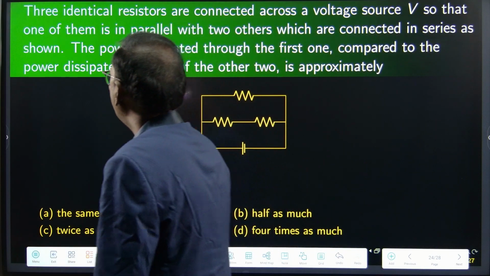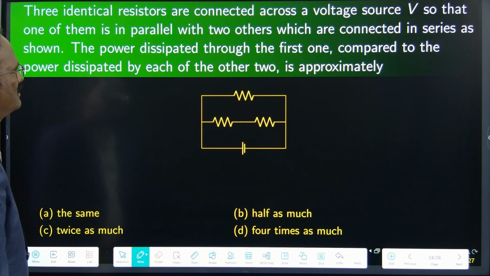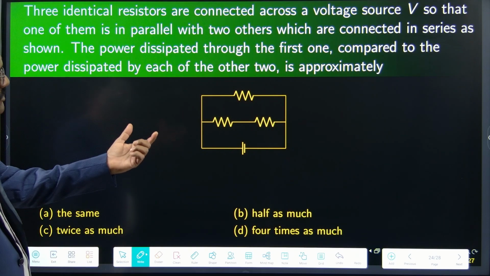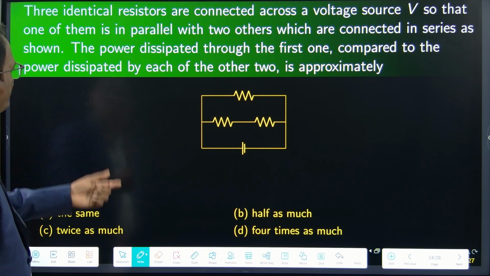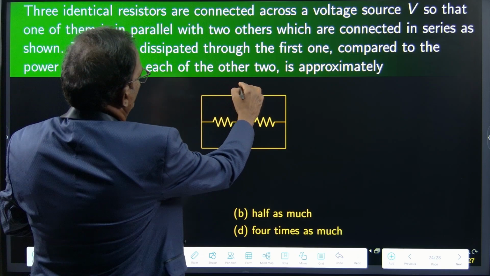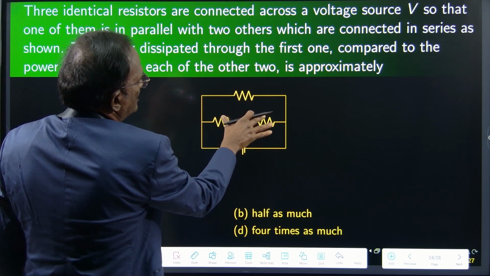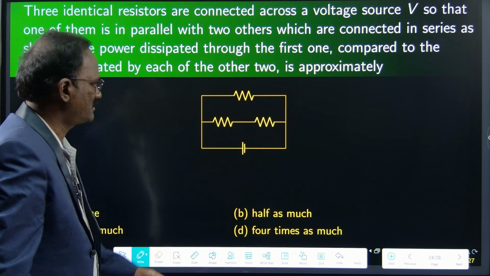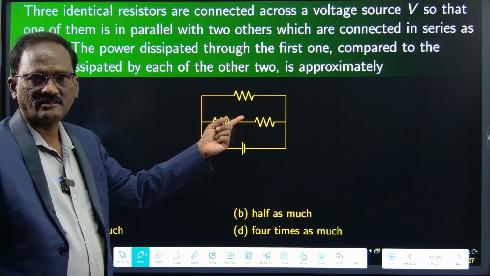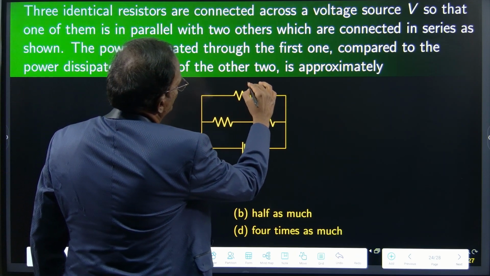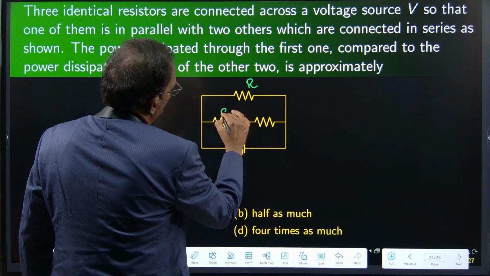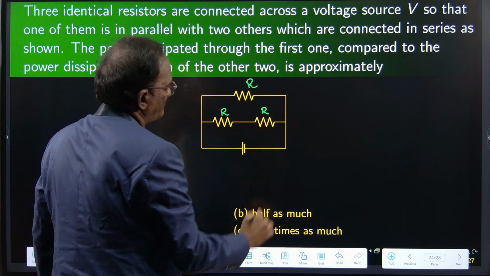Three identical resistors are connected across a voltage source V, so that one of them is in parallel with the two others which are connected in series. So three identical resistors, let us say R ohms, R ohms, R ohms.